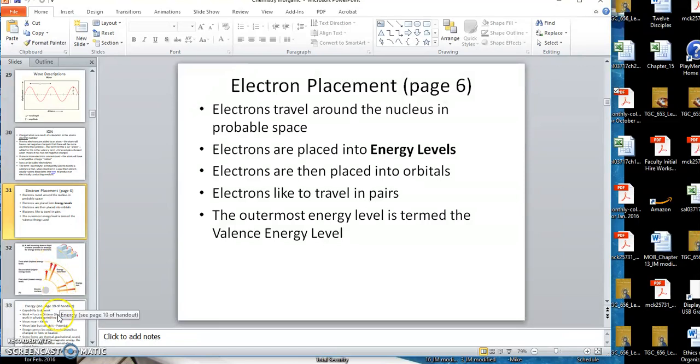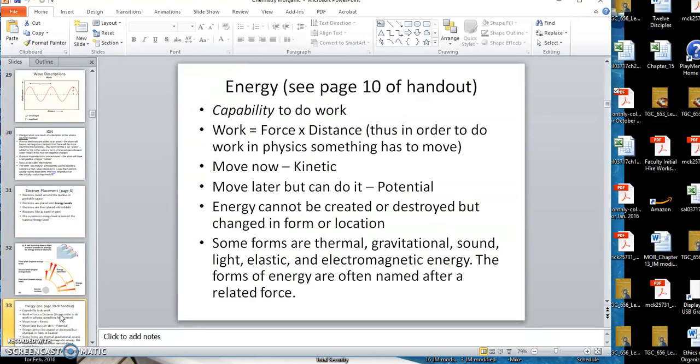But we go further again. Now, the energy level I mentioned. Okay, so I want you to read in my PowerPoint on energy. Energy basically is the capability to do work. Work in physics is a force times a distance.